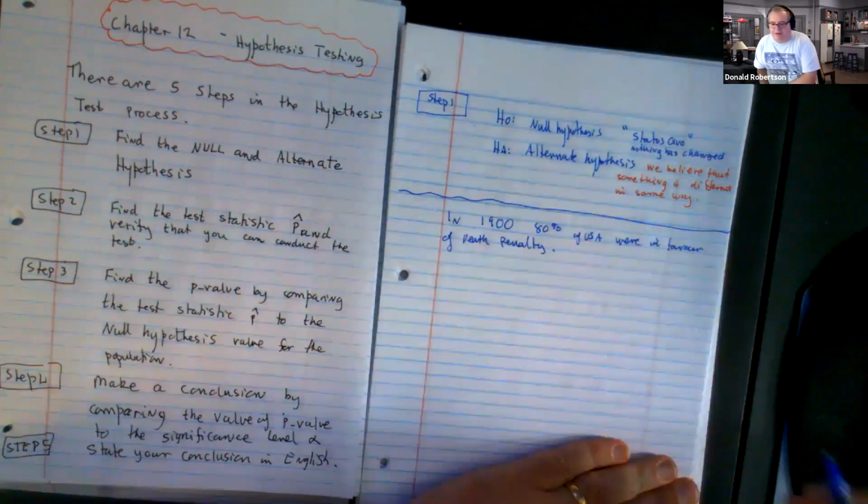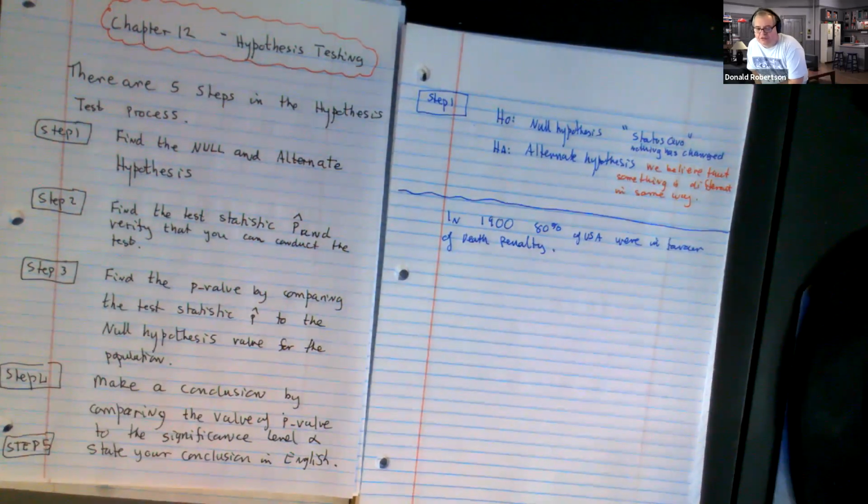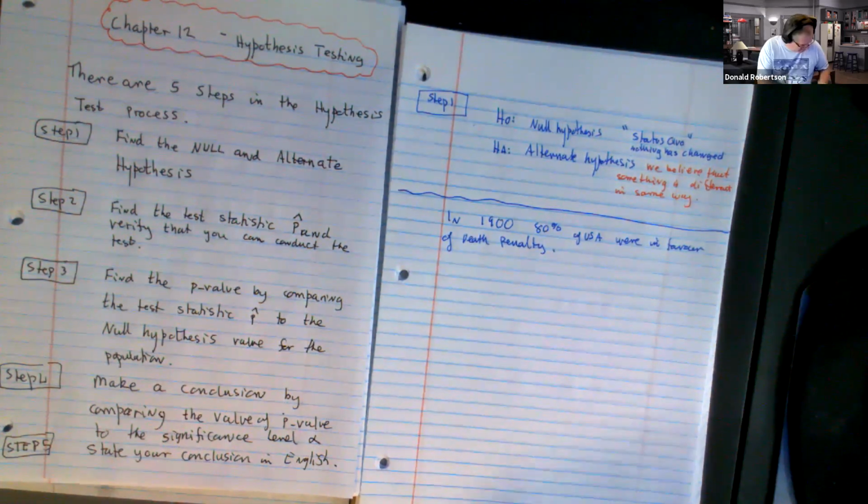So way back in the 1900s, if you asked adults, are you in favor of the death penalty? They would say, yes, I am. And a social scientist would think, America has changed in the last 100 years. I believe that number is now less than 80%.